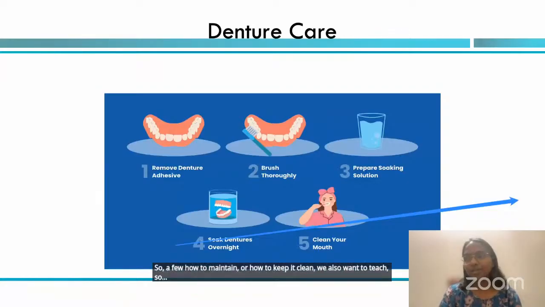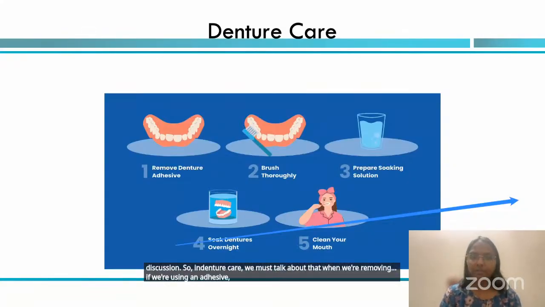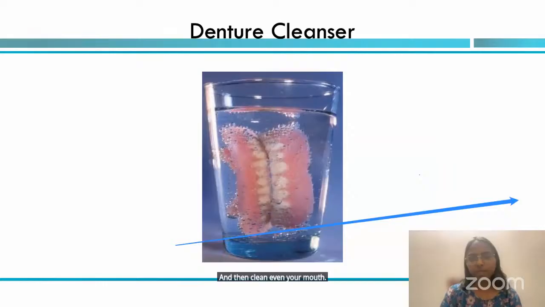So in denture care, we must talk about that if we're using an adhesive, then we must remove the denture, take it out, brush it thoroughly, and then prepare a solution and soak the denture in it. If you're using a denture cleanser, keep it in that. If it's plain water, keep the denture in plain water, and then clean even your mouth.